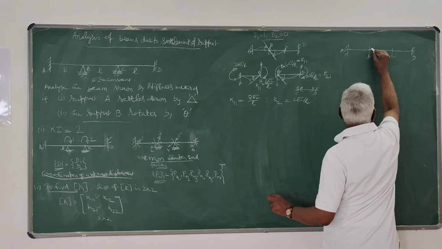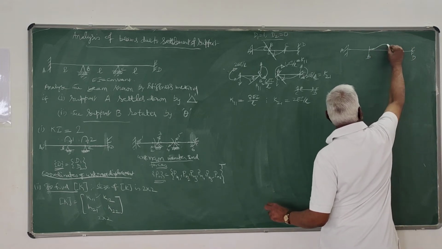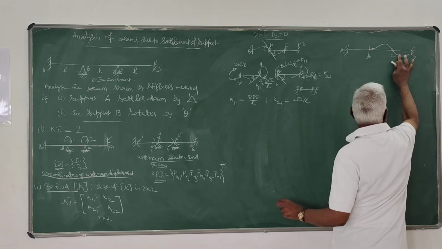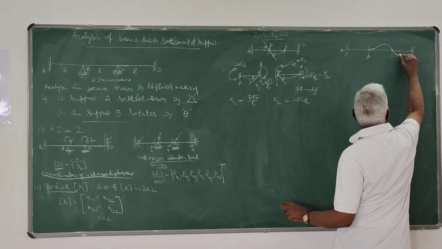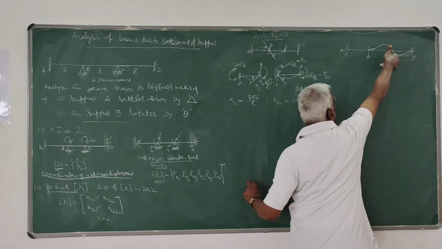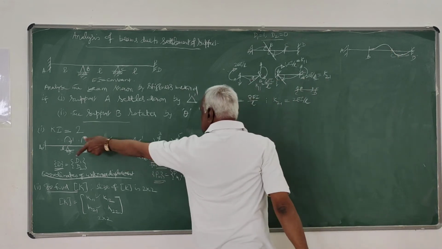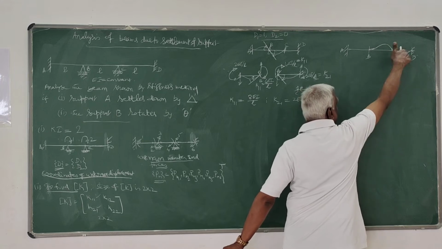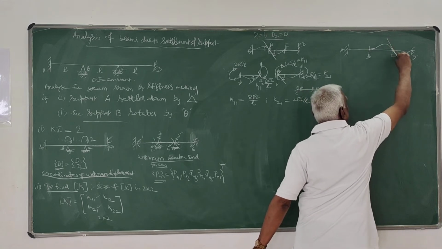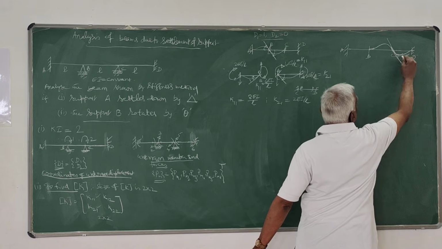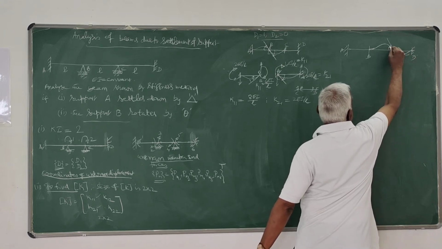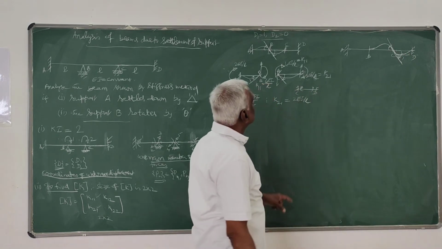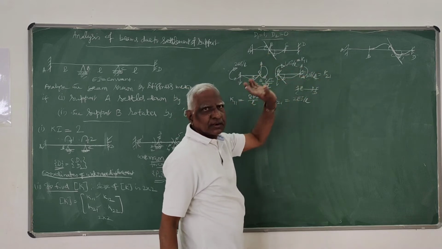So this will go up, this will come down, like that, to give displacement corresponding to 2. Here at C, this goes up, this comes down. Here is coordinate 1, there is coordinate 2.